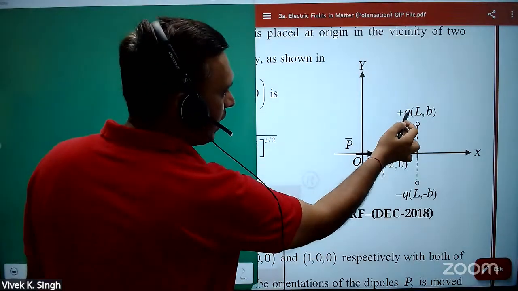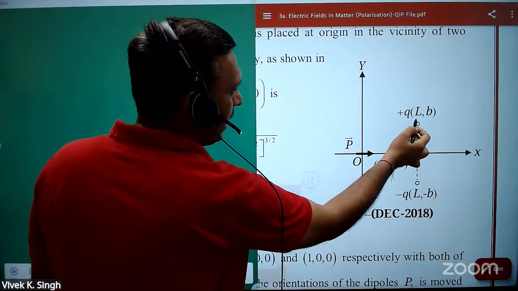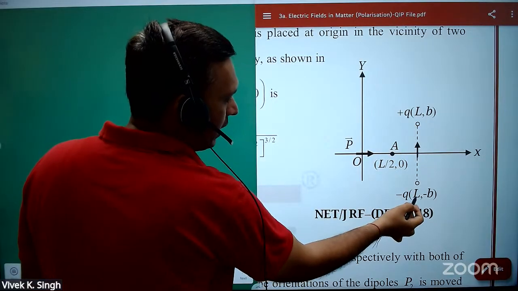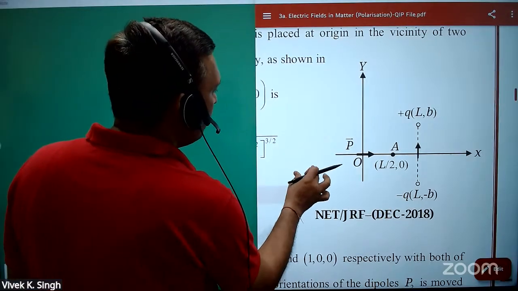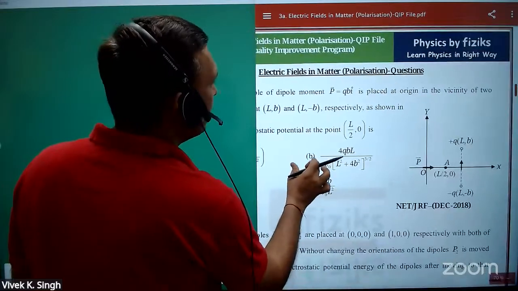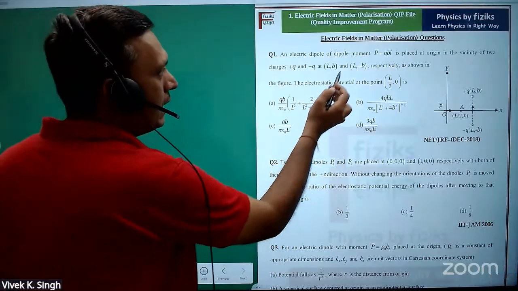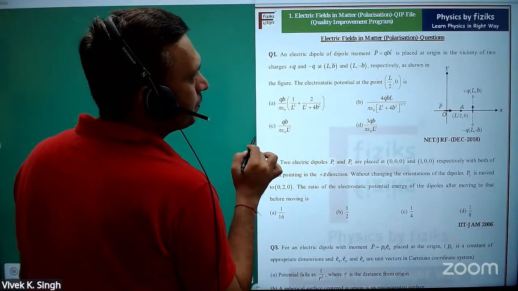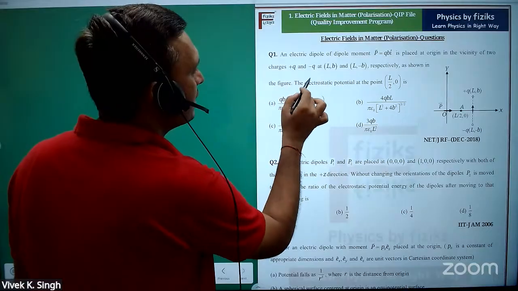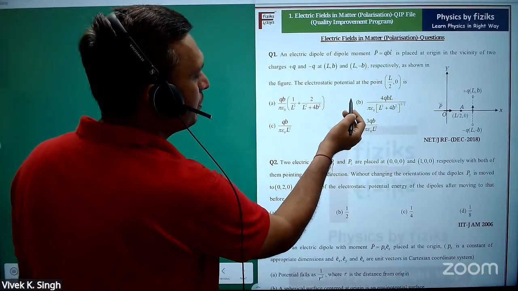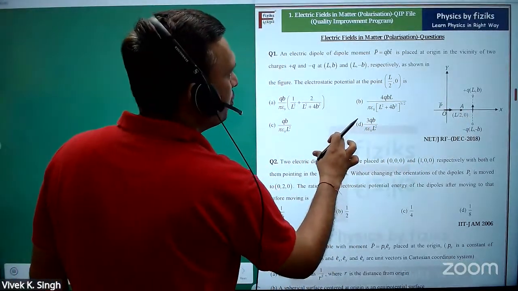Then you have two point charges: plus Q at coordinate L, B, and minus Q at coordinate L, minus B. An electric dipole moment Q into B, I cap, is placed in the vicinity of the two charges plus Q and minus Q respectively. You have to find the electrostatic potential at this point.